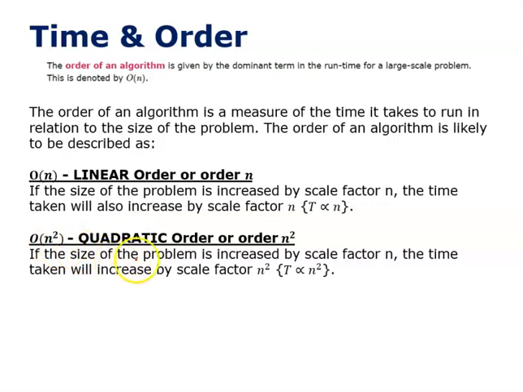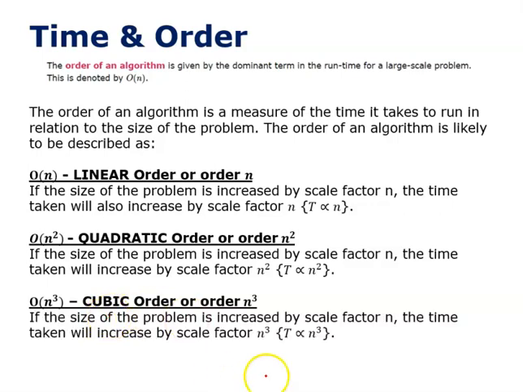Very often you find that as a problem increases, its complexity increases by more than just the size you've increased it by. So you might, for instance, double the number of numbers, but it doesn't double the time it takes to sort those numbers. It might times it by 4, for instance, and that would be a quadratic order. And you can have a cubic order as well, where it's cubed. We'll see those in action now.